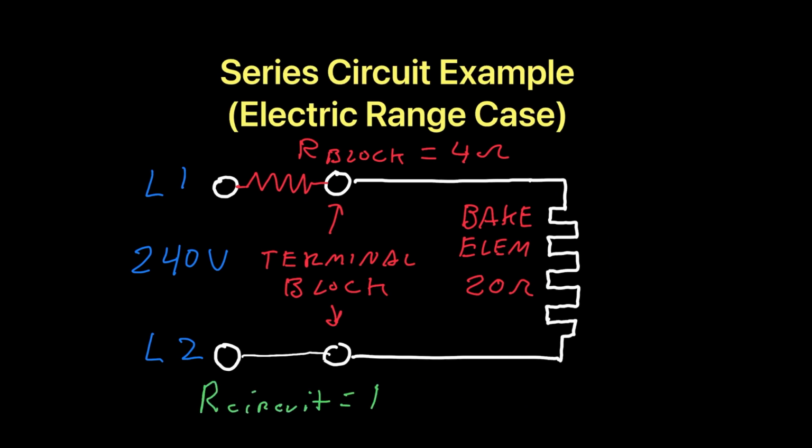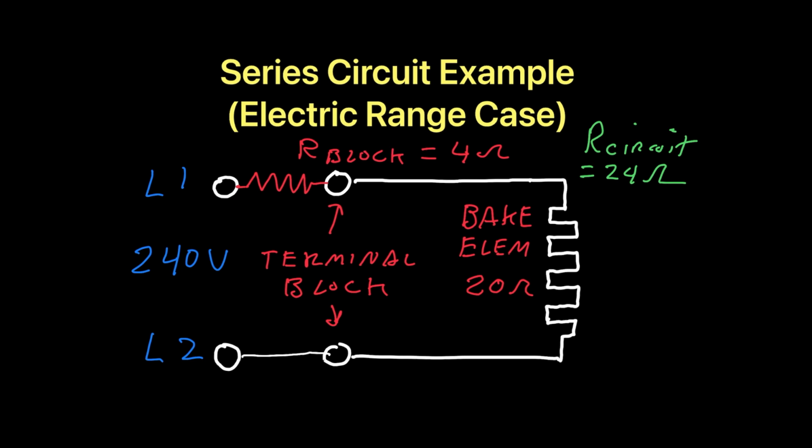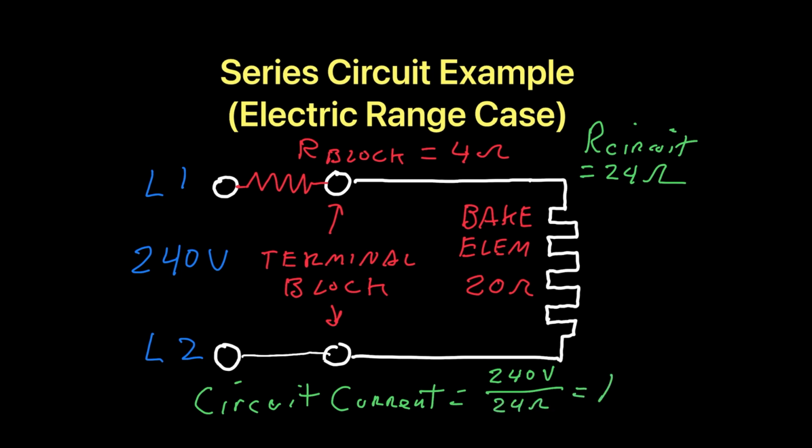First, we can easily determine the circuit resistance, which is what we will call R block plus R element, for a total resistance of 24 ohms. This dictates our circuit current, which is simply the supply voltage divided by the resistance, or 240 volts divided by 24 ohms, or 10 amps.